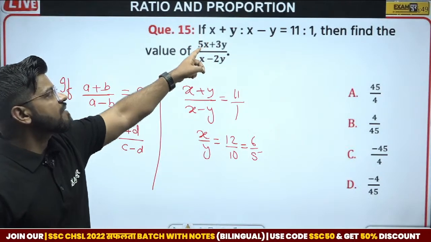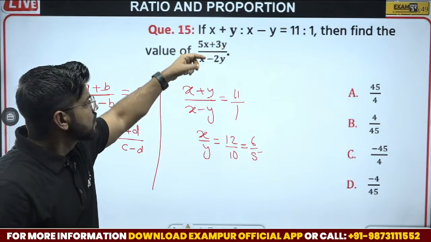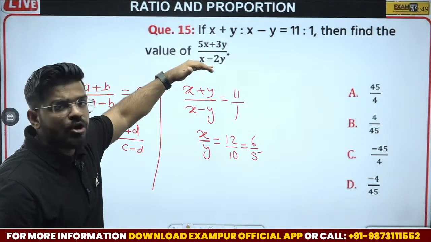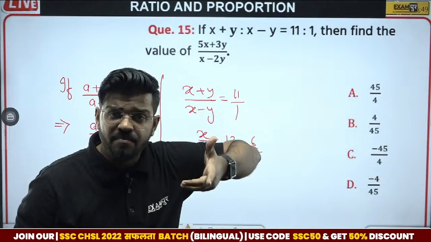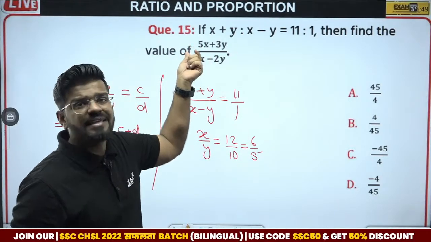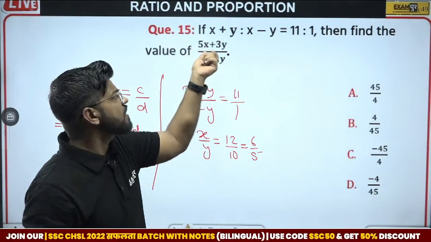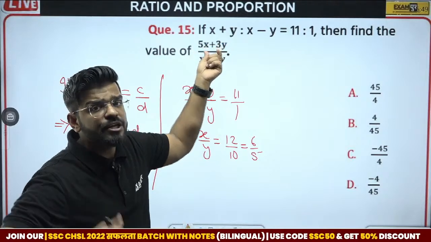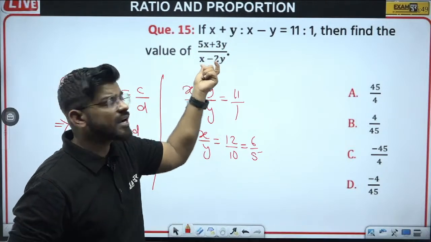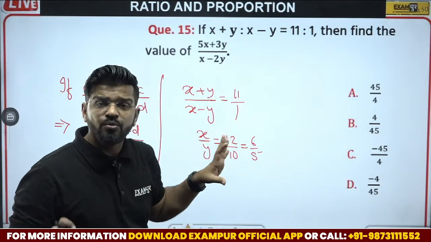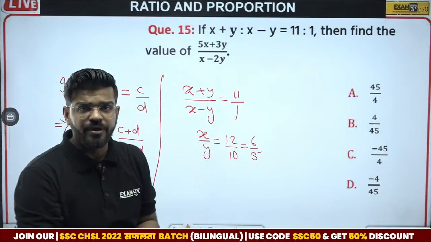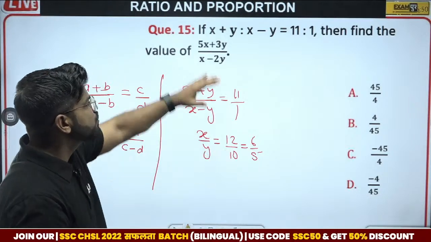Now, if we have x and y in the numerator and denominator, if their degree is 1, or the same, we can say the same. If they're in the upper part, like in the numerator we have x square and y square, and in the denominator we also have x square and y square, then the same thing is going to happen. So we have to directly put the values here.